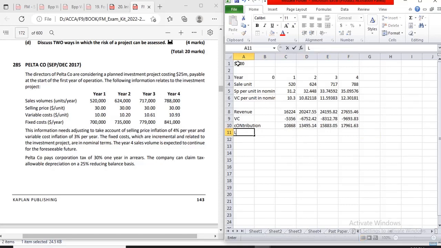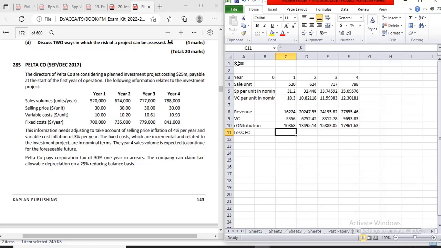Now we deduct fixed cost. Be sure the fixed cost is already in nominal terms, and it should be incremental, as the question mentions. You might wonder why the word incremental is mentioned: this fixed cost occurs only because of taking this investment project.